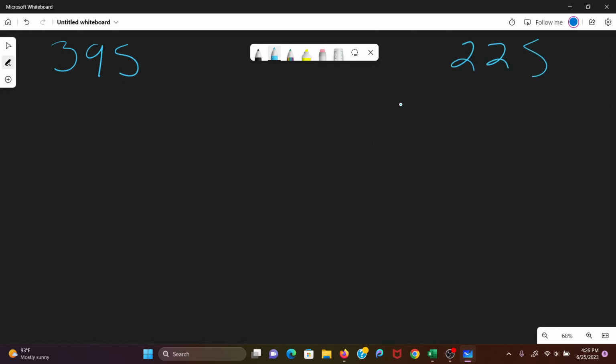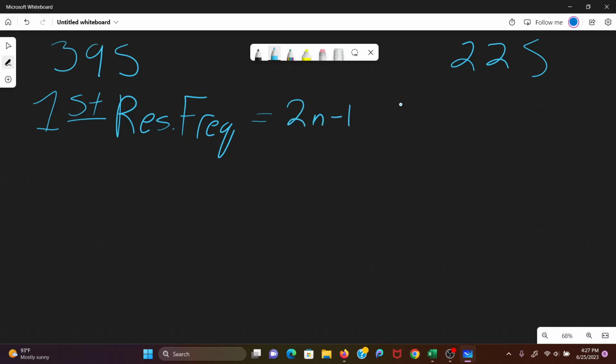Okay, the formula is going to be the same for both of you no matter what. Your formula for the first resonant frequency is 2n minus 1 times 340 over 4L.